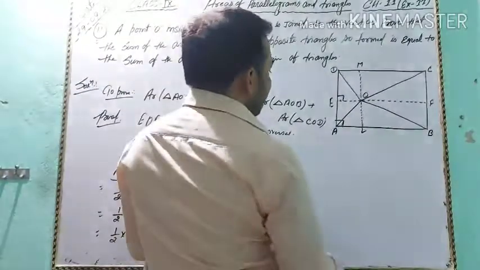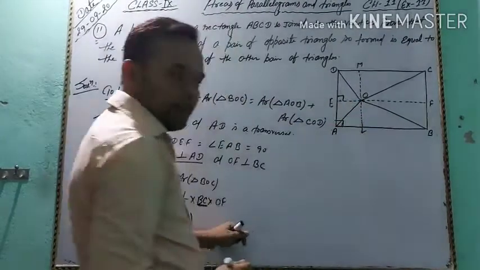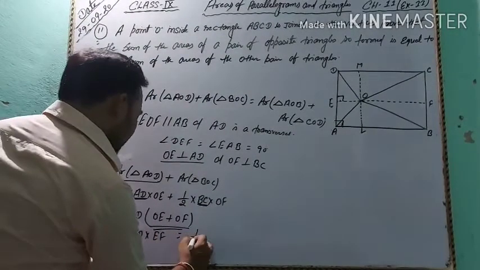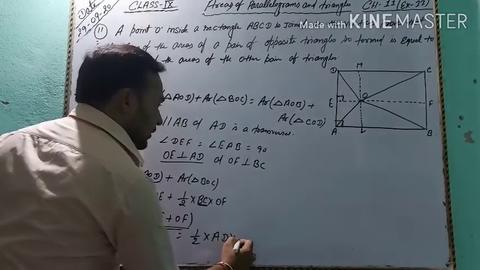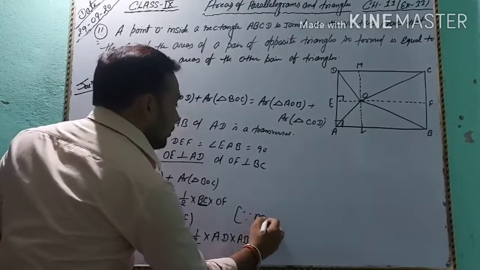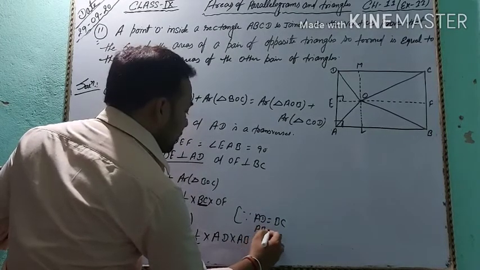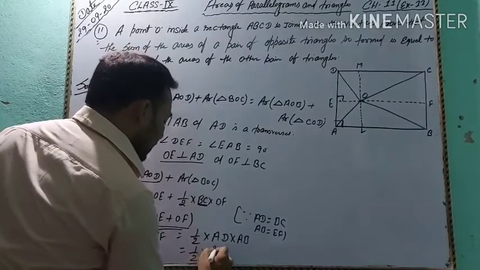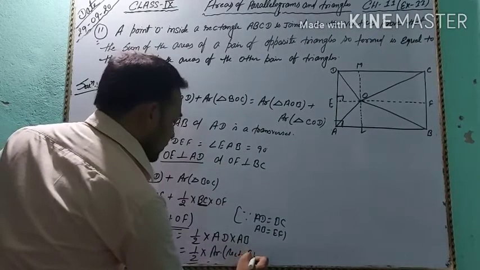So 1/2 multiply AD multiply EF. Now in place of EF, what can we write? AB. So 1/2 multiply AD multiply AB, since AD equals BC and AB equals EF. So 1/2 multiply area of rectangle ABCD.